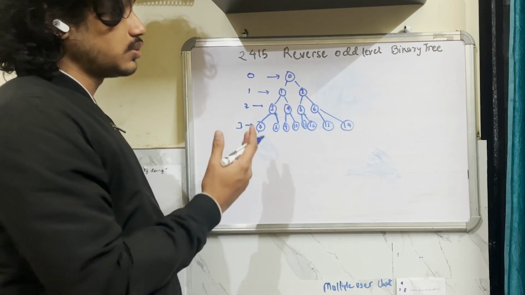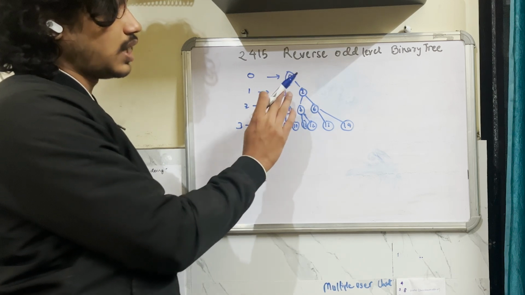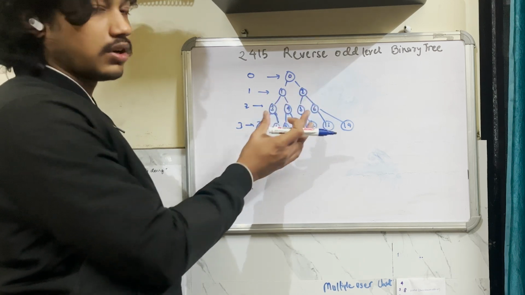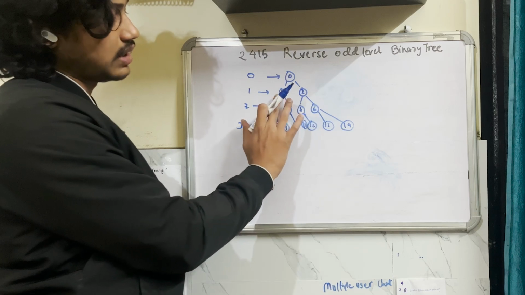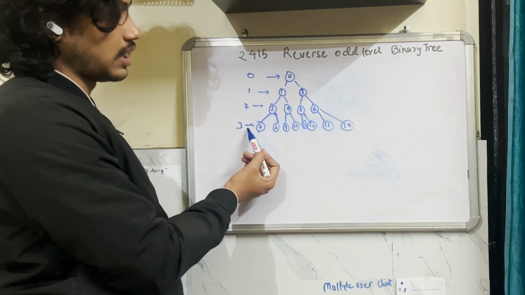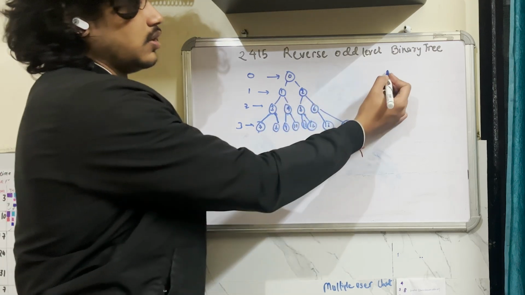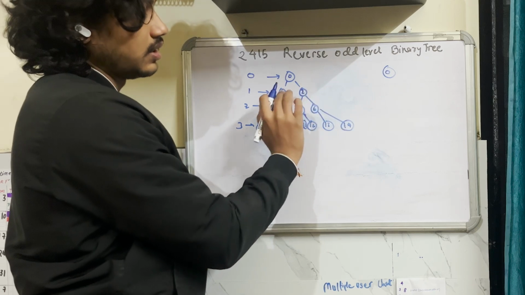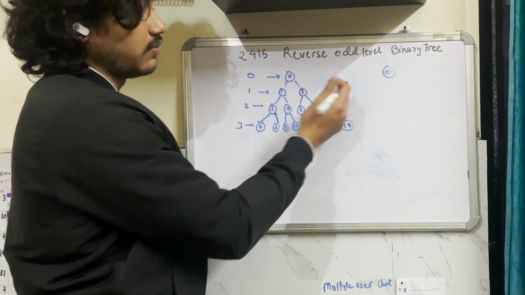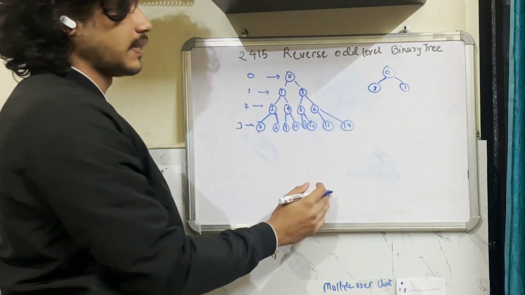So the question wants us to swap or reverse the nodes at the odd levels. For example, level 1 is odd, and level 3 is also odd. If we reverse 1 and 2, then on the left we have 2 and on the right we have 1.